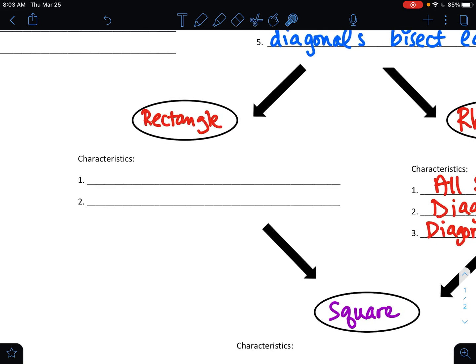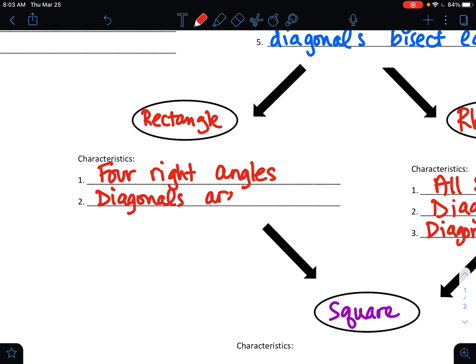Okay, a rectangle, what makes a rectangle more specific than a parallelogram is that it has 4 right angles. Okay, and then there is another property about diagonals. They are congruent to each other. Diagonals are congruent.